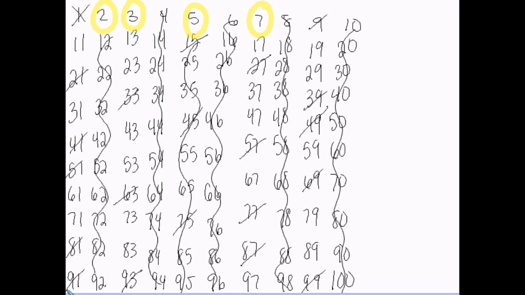Same for 13. Because if I multiply, say, 13 times 13, I'm already more than 100. So all of the primes are all the numbers that you haven't crossed off yet. The others are crossed, and you find them.